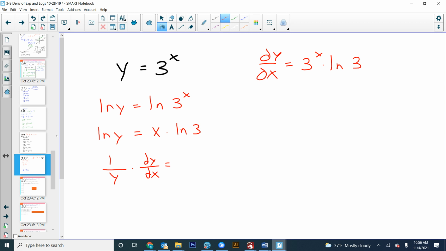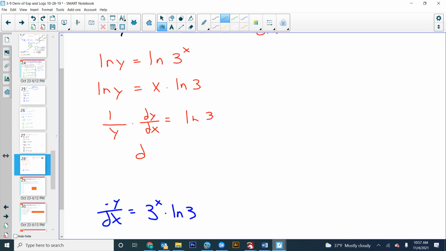What's the derivative of x times ln 3? Good, ln 3. ln 3 is a number. What's the derivative of 5x? 5. 2x? 2. ln 3 x? ln 3. What if you did the product rule? First, derivative of the second, 0. Plus second, ln 3, derivative of the first, 1. ln 3.